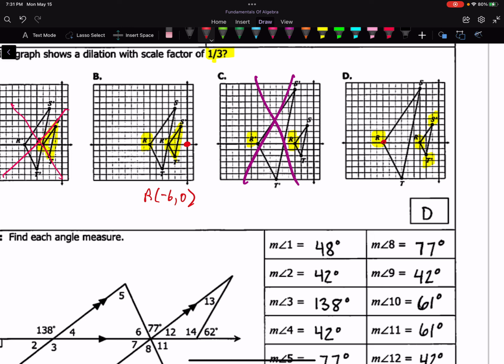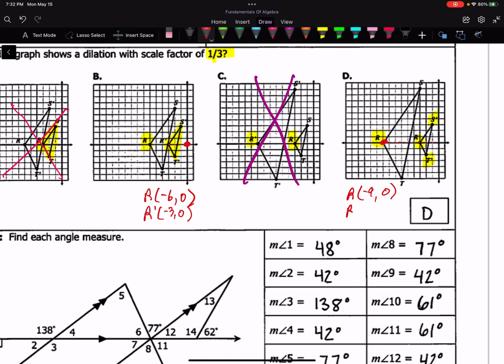Now, over here on this guy, same thing. Well, no, we don't. We got 1, 2, 3, 4, 5, 6, 7, 8, 9. R over here is negative 9, 0. Okay? Well, what's R prime? On this guy, it's 1, 2, 3, negative 3, 0.